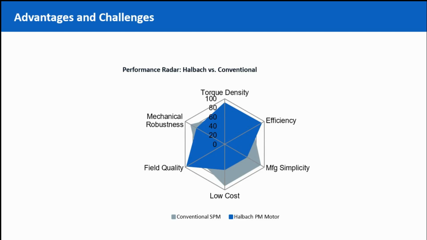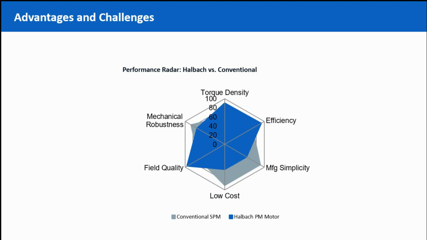Halbach arrays provide several important advantages. They improve magnetic field utilization, reduce unwanted leakage flux, and create a smoother magnetic waveform. This leads to lower vibration, less acoustic noise, and better efficiency. They are also effective for reducing cogging torque in permanent magnet machines.